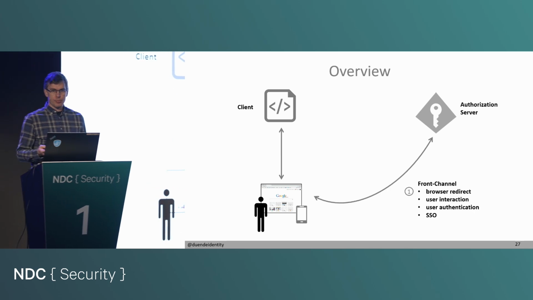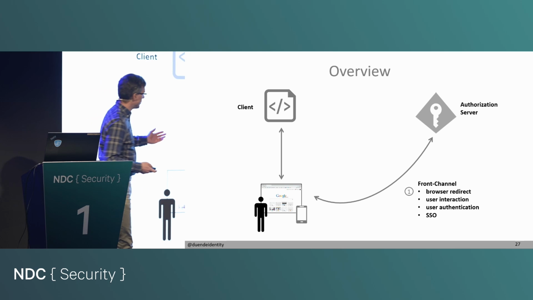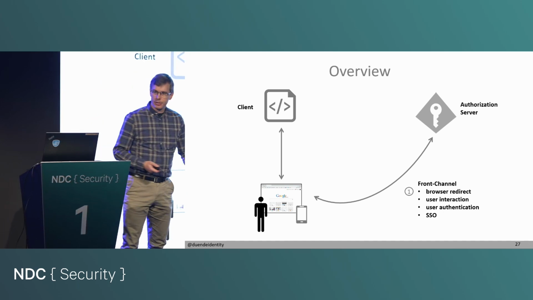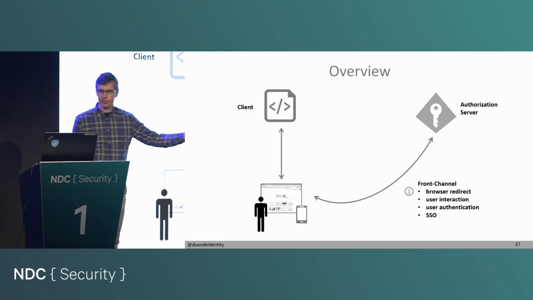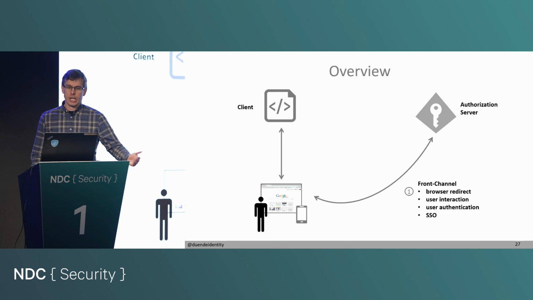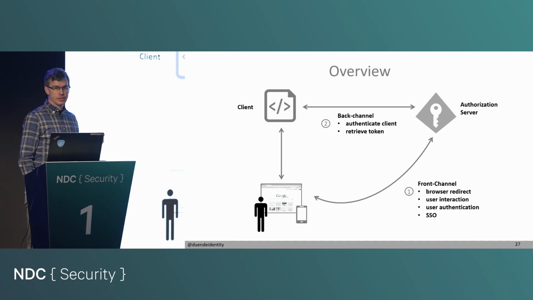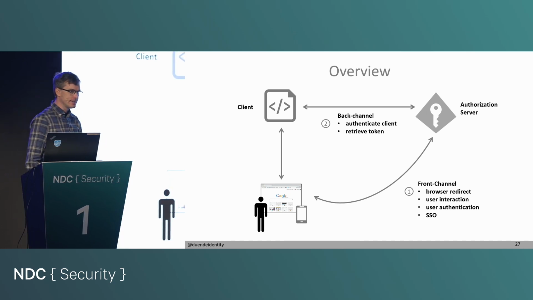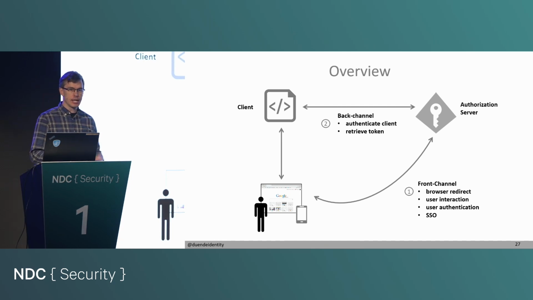Just an overview of the protocol is that we have, once more, this two-leg thing where we have a front channel request. The browser redirects the user to the authorization server, and all the interaction happens on the authorization server. We get a response back, and there's a back channel interaction where the client application authenticates itself and proves it's the right valid client application and retrieves the access token.